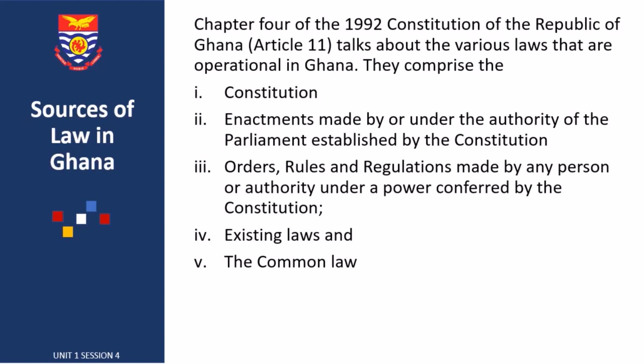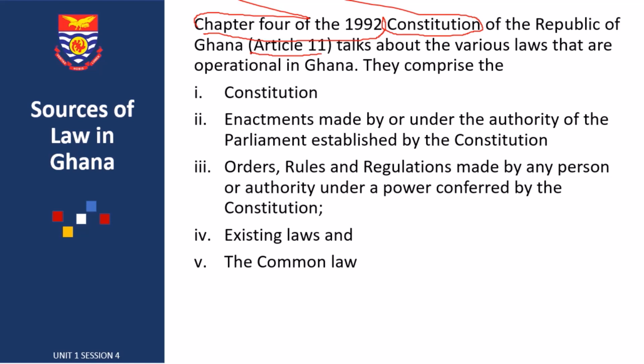Now let's look at the sources of law in Ghana. You should understand that Chapter 4 of the 1992 Constitution is dedicated to the sources of law in Ghana. Particularly, that chapter deals with Article 11, which talks about the sources of law in Ghana.